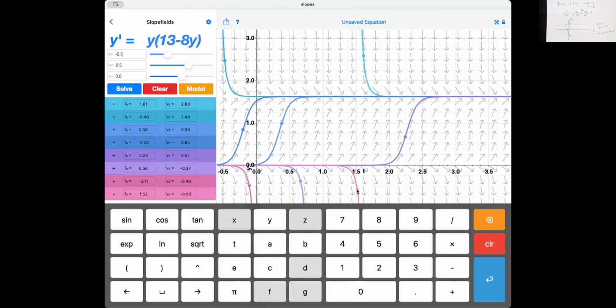Because as we go from left to right, the arrows are pointing away from y equals 0. And as we go from left to right, the arrows are pointing in towards 13 over 8. You can see it right here. On both sides vertically, those arrows are pointing in towards that. And down here towards 0, they're pointing away from it.